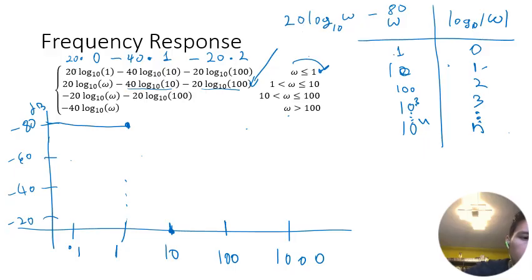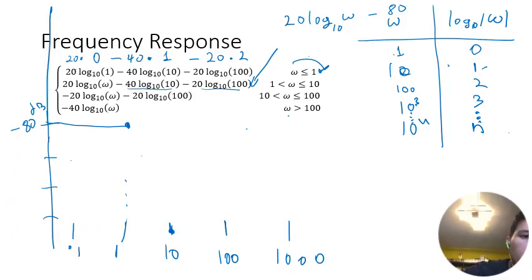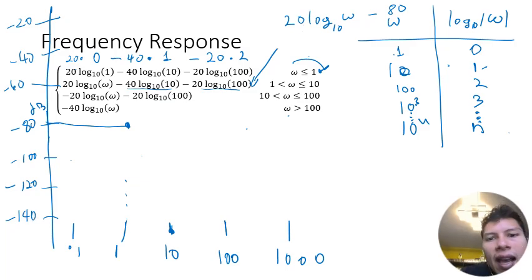Okay, I apologize. So I should go up, right? So this should be negative 60, negative 40, negative 20, and then here you have negative 100, negative 120, negative 140. So at 10, we're going to have negative 60, so it's going to go up by 20.